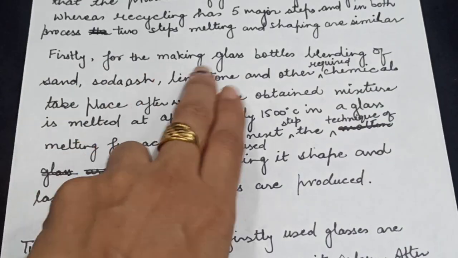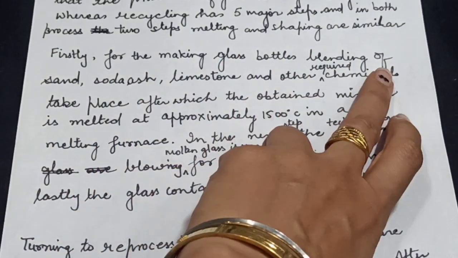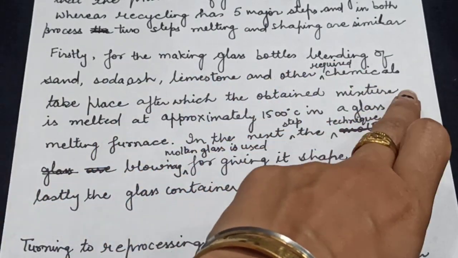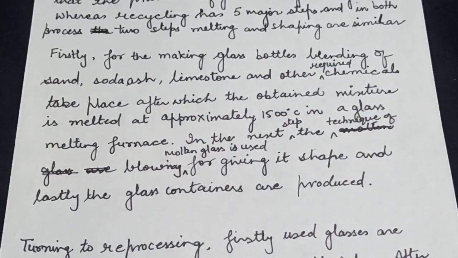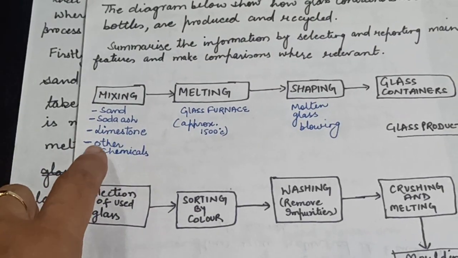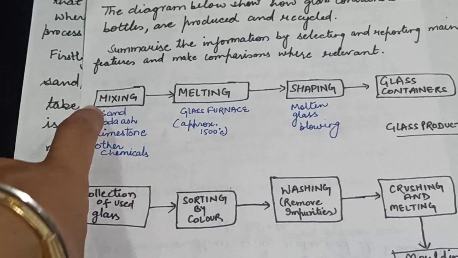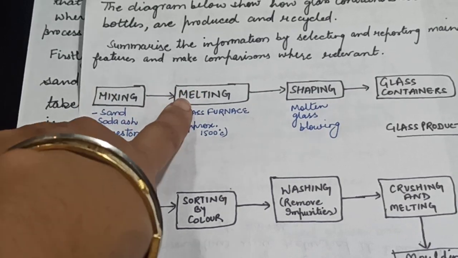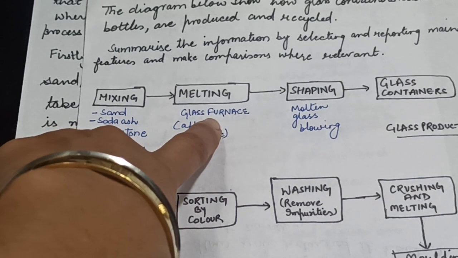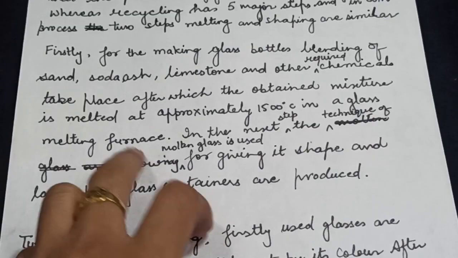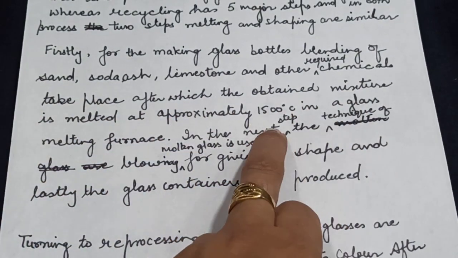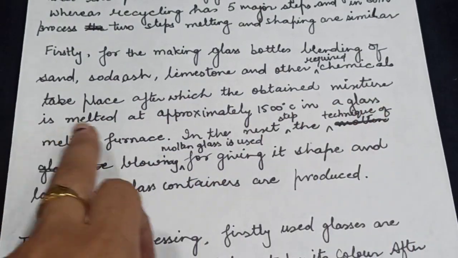Now, firstly, for making glass bottles, blending means mixing of sand, soda ash, limestone and other required chemicals takes place. Means firstly we mix all these, sand, soda ash, limestone and other required chemicals. Then the obtained mixture is melted at approximately 1500 degrees Celsius in a glass melting furnace, means in the glass tank.